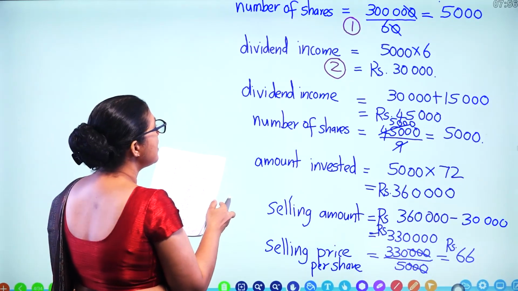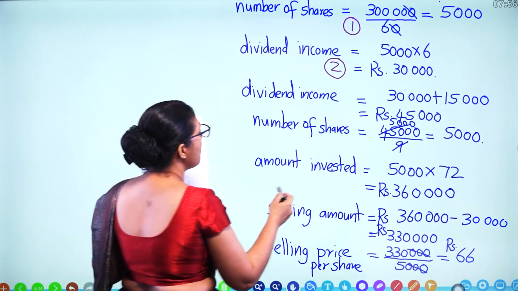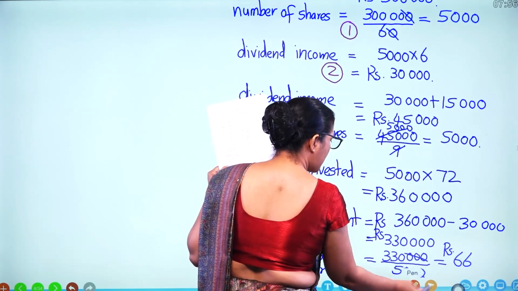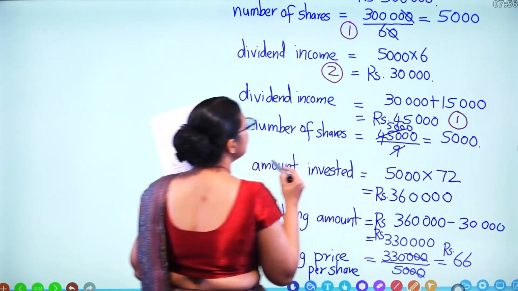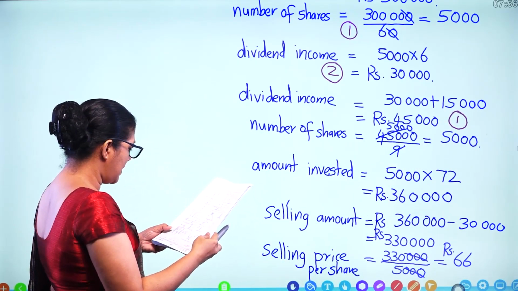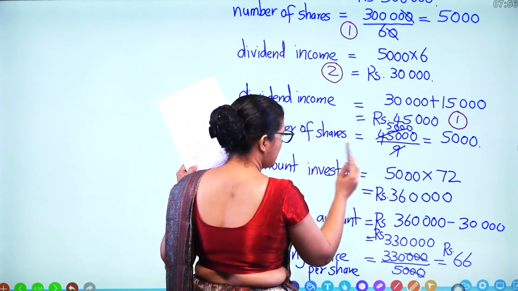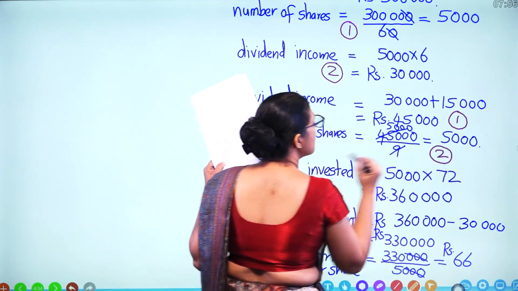Then for dividend income you get 1 mark, and this step 1 mark, 6, and here the number of shares 2.